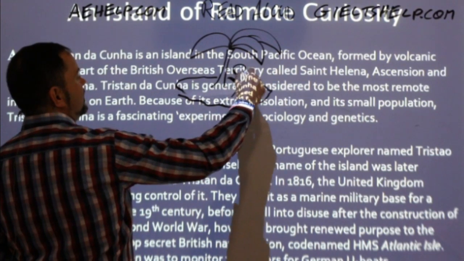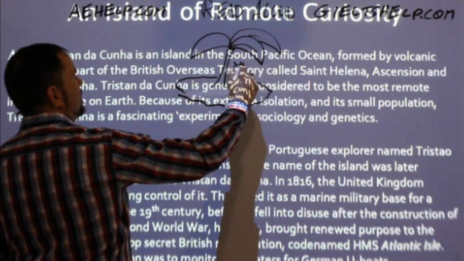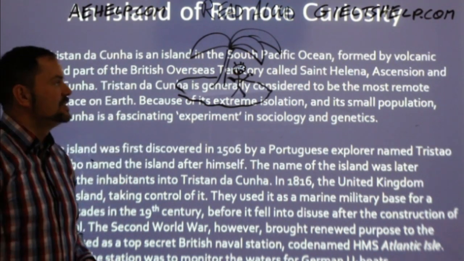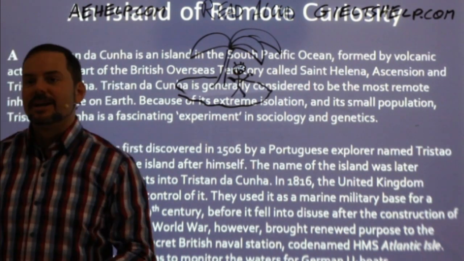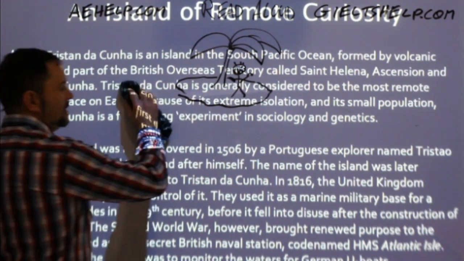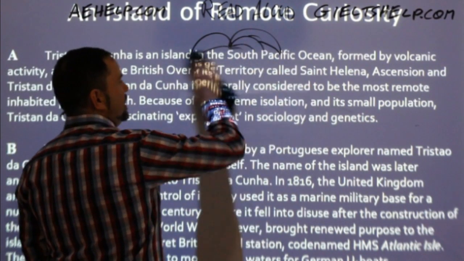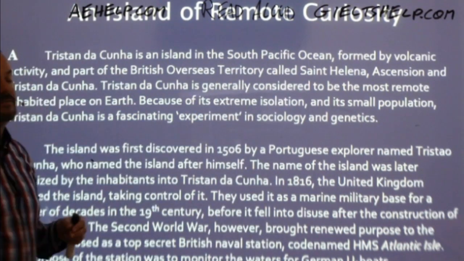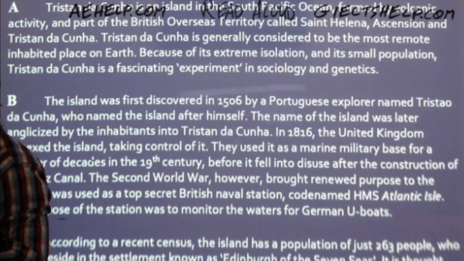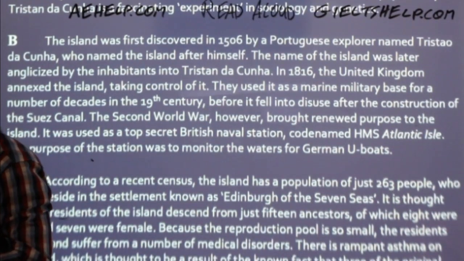Hi, there I am with my beard, mustache, and so on. And I'm far, far away. There's nobody anywhere close by. Start your visualization. All right, immediately see this little island out in the South Atlantic Ocean, far, far away from everything. And it's an interesting place for sociologists and geneticists.